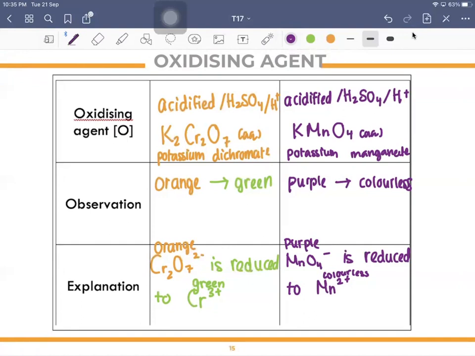Because there is a color change that we can observe, this reaction can be used to identify or eliminate tertiary alcohol, because tertiary alcohol cannot be oxidized. So you wouldn't expect to see any change with tertiary alcohol.